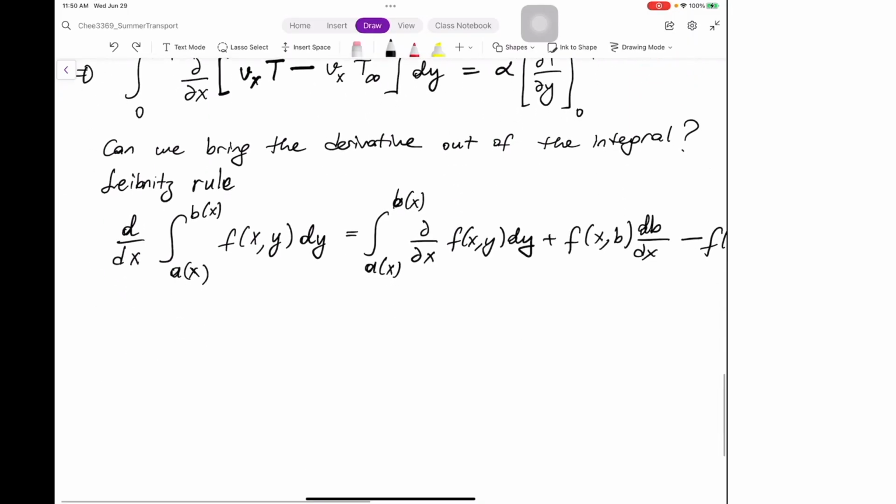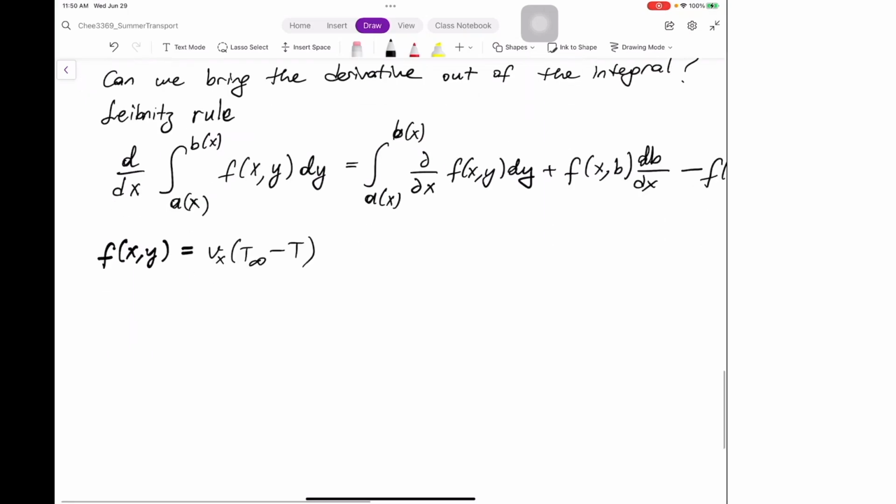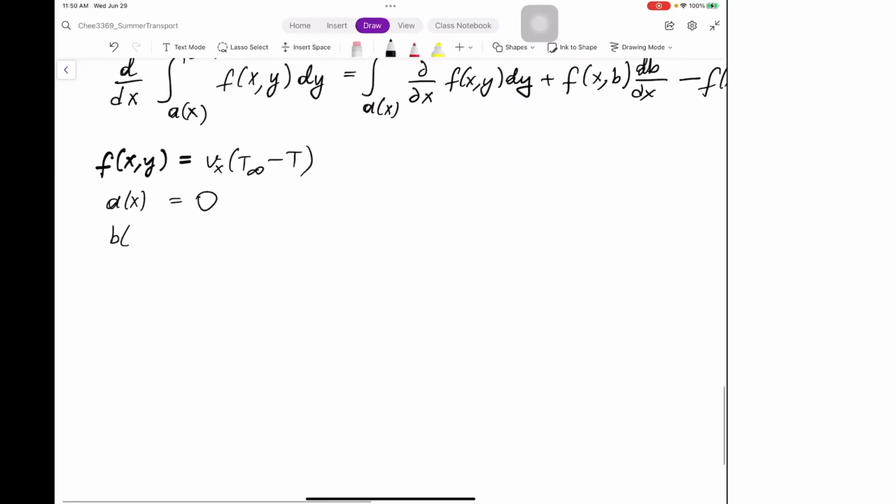Now, for my case, f of x, y is u, dx t infinity minus t. A of x is equal to 0. And b of x, the upper boundary, is equal to delta t.